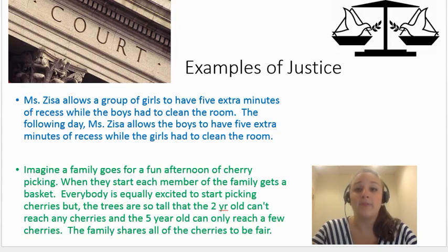Now, if the parents were to say, you can only eat what you pick, that would not be considered fair because the little ones, the 2-year-old and the 5-year-old, wouldn't have very much to eat. So instead, to make it fair or to make it just, the family decides to share all of the cherries together. And that's another example of justice.